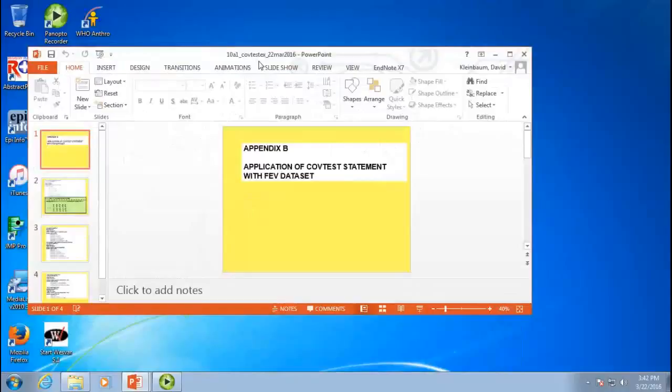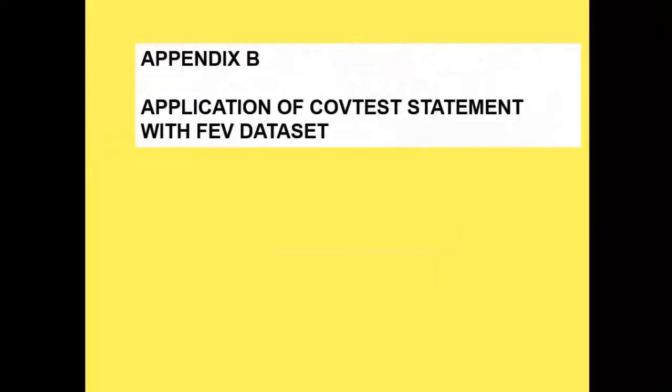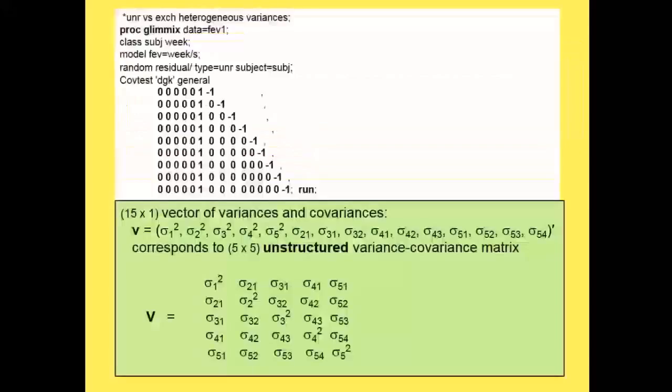It's on Blackboard, but it's not something I sent you. What I've done in this extra presentation is apply what I've just been talking about to the FEV data set. Remember, there are 5 observations per subject because there were 5 weeks. Every kid was looked at over 5 weeks.